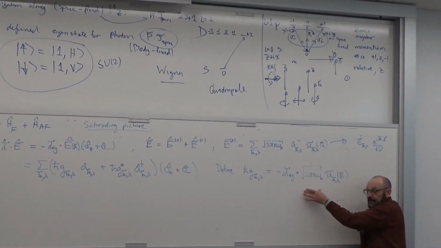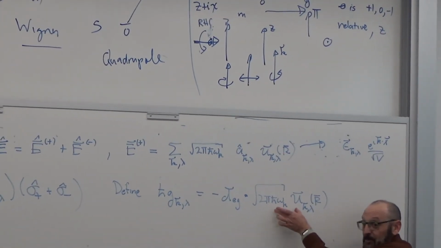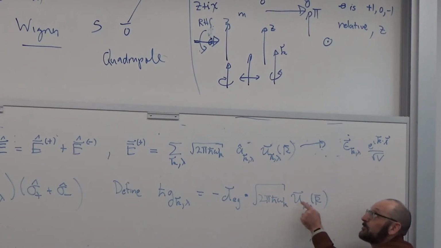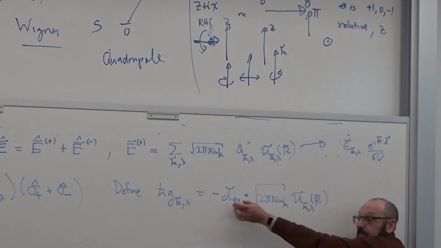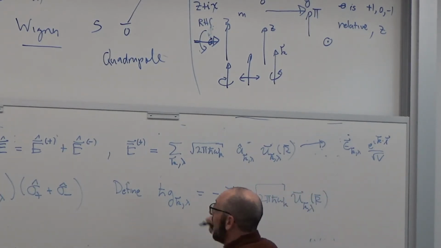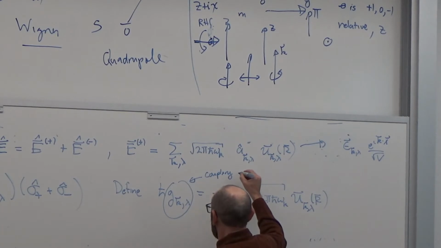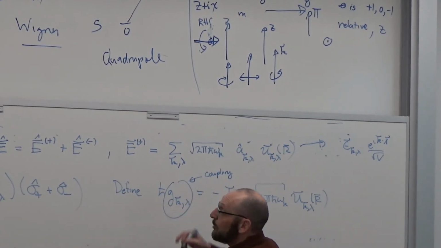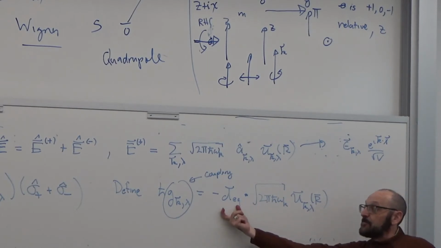D times E is energy. This is the electric field associated with that mode, right? Because if I put in the square root of V, that's the electric field. So G is a frequency. It's a coupling frequency. So h bar times G is the coupling energy between the matter, the dipole, and the field.